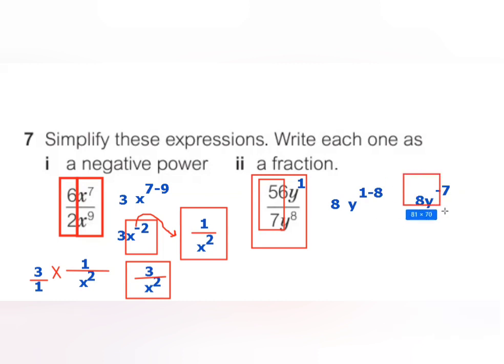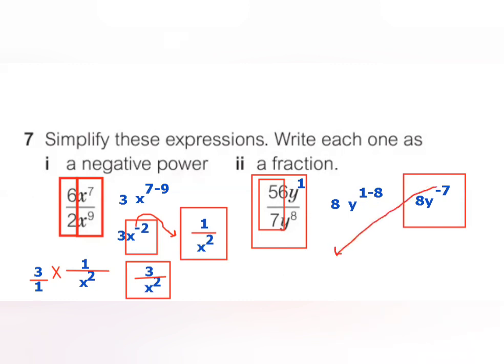Now, this is an answer with a negative power. Now I'm going to turn it into a fraction, same steps that I did here. First, I know that 8 is multiplied by this one, so I'm going to work on y power of negative 7 alone. I'm going to take the negative power and turn it into a 1 over, or a fraction.